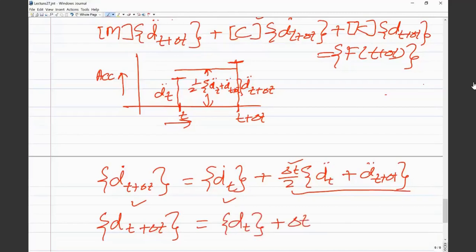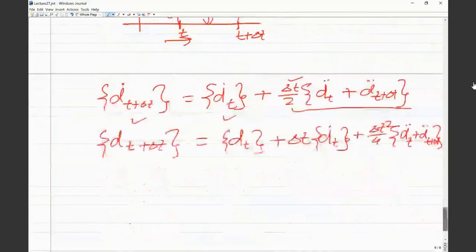So the interval is delta t into d dot at t, that is ut, plus half at square, and that half at square would be delta t square by 4. So one half coming from the average acceleration, another half coming from the equation of motion. So you get here d double dot at t plus d double dot at t plus delta t.